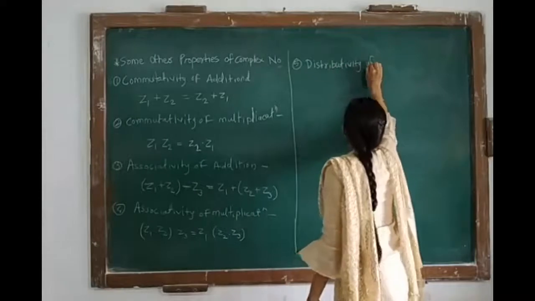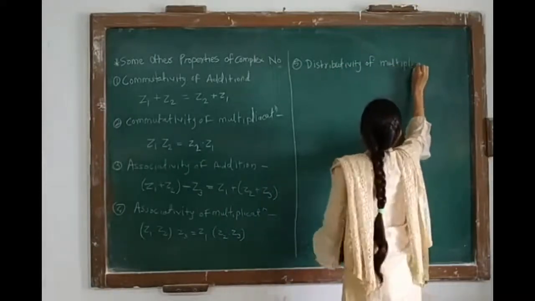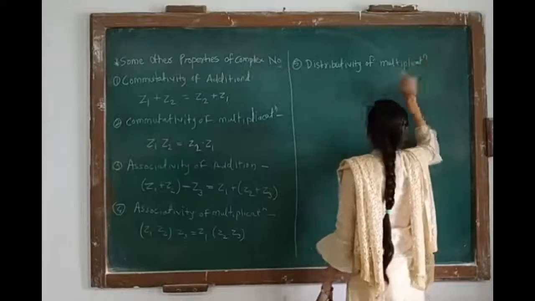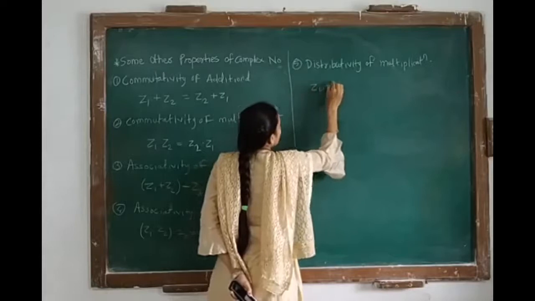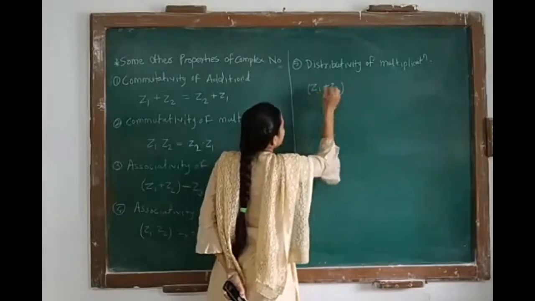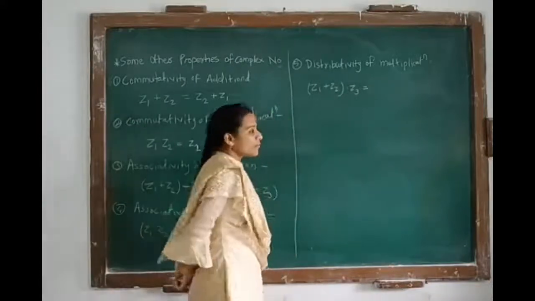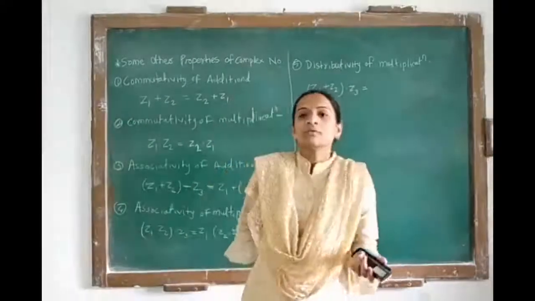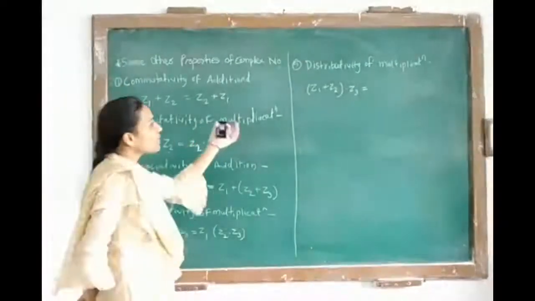Distributivity of multiplication means, suppose I am having Z1 plus Z2 and this addition is multiplied by Z3. Then by mathematical rule, first we perform multiplication and division and then we perform addition.